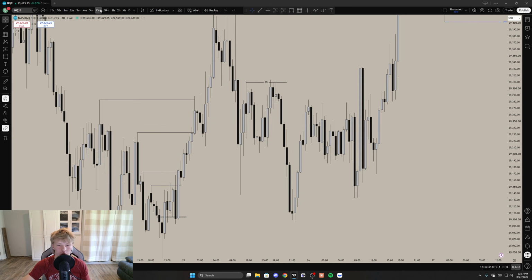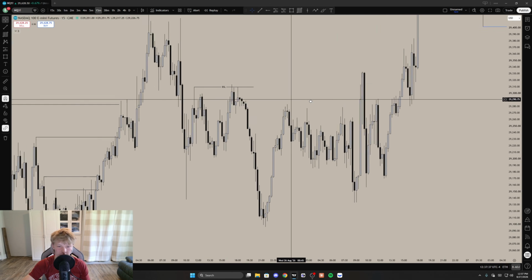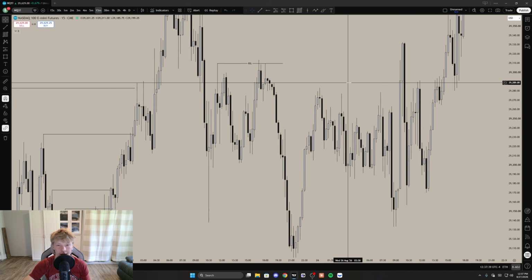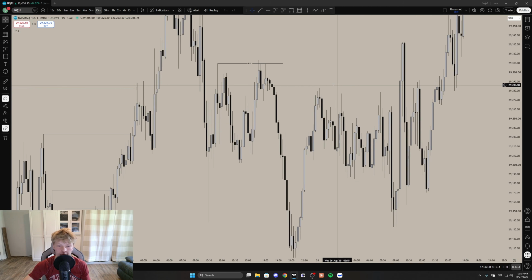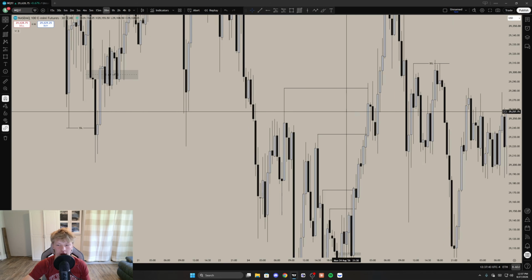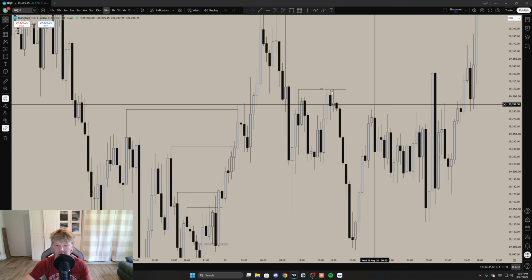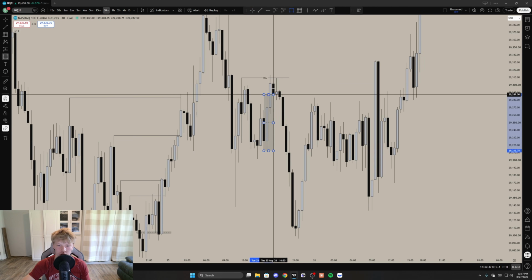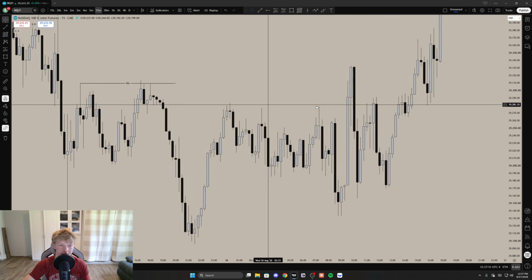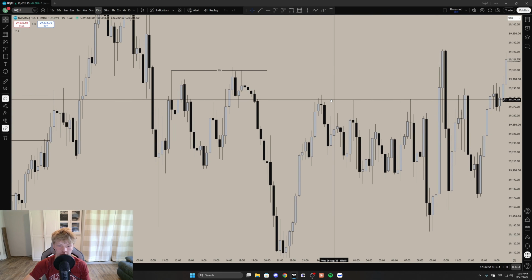Now, if we go on a lower time frame, something like the 15-minute maybe, we can get a trade idea from using multiple time frames. So we did not see a fair value gap on the 30-minute here, okay? There is no fair value gap in this structural leg to the buy side liquidity. So let's drop a time frame and see if there is another opportunity. And there is.